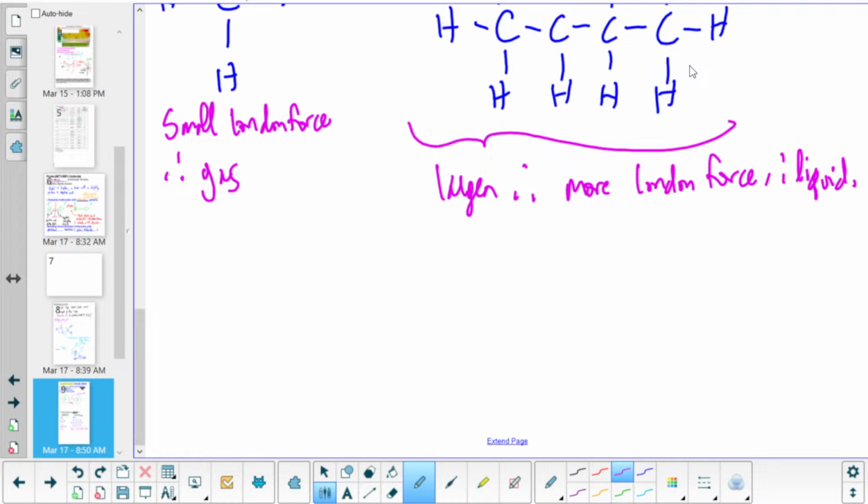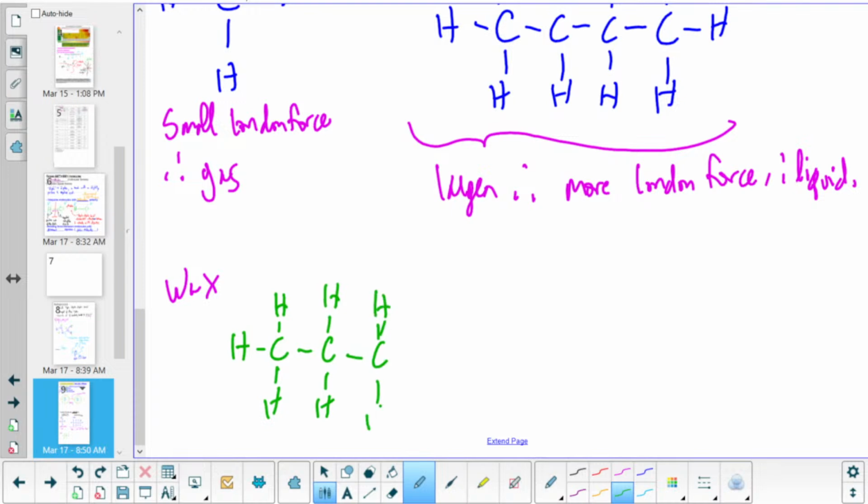If you have a wax, your structure looks like this. H, C, H, H, and then you go C, C, and then I want you to keep going about, I don't know, 60 times.